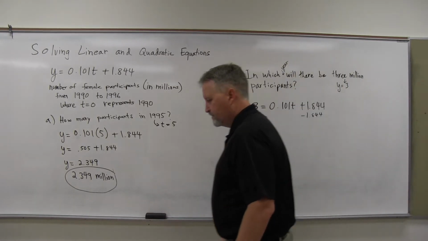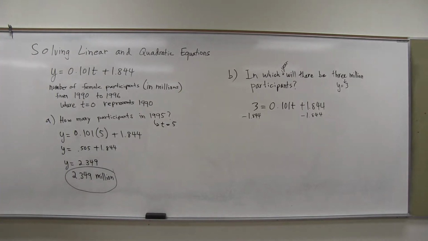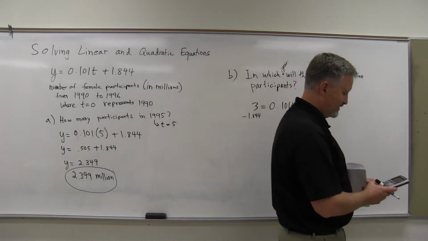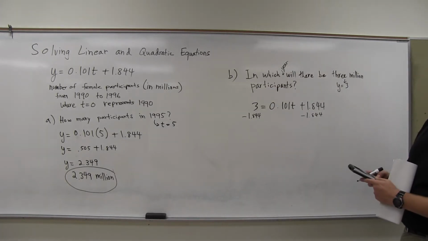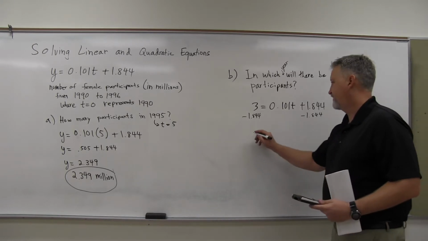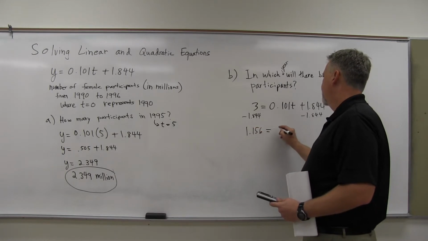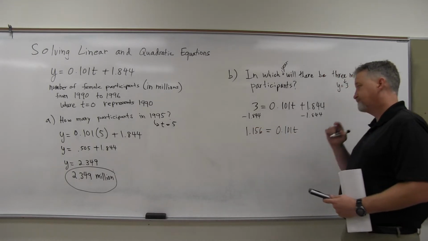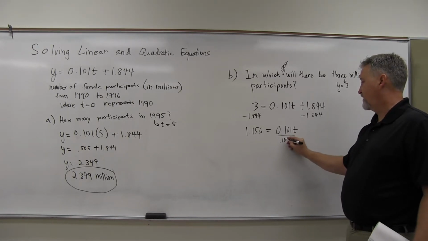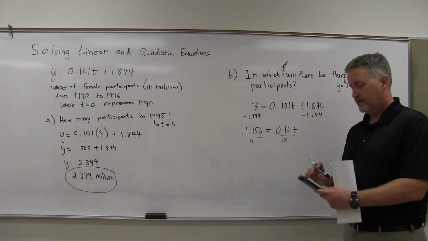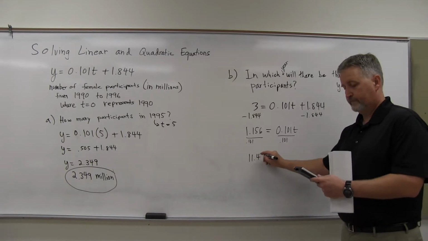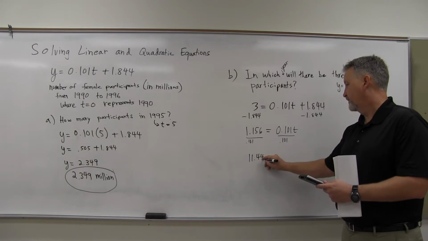Let me use my calculator, because I don't trust myself right here. 3 minus 1.844 is 1.156, equals 0.101t. The 0.101 is times the t, so I divide by 0.101, and that will give me 11.44.